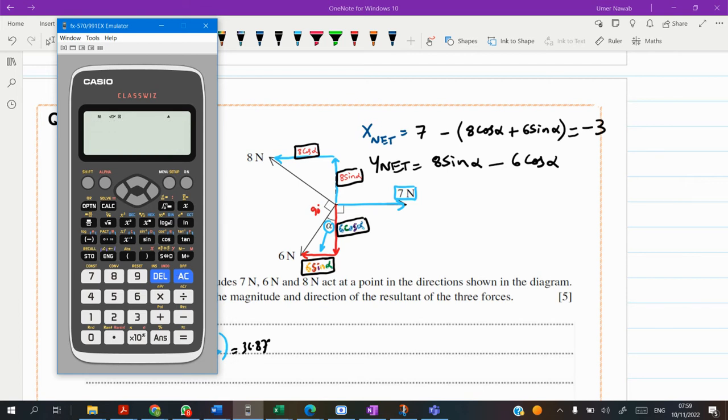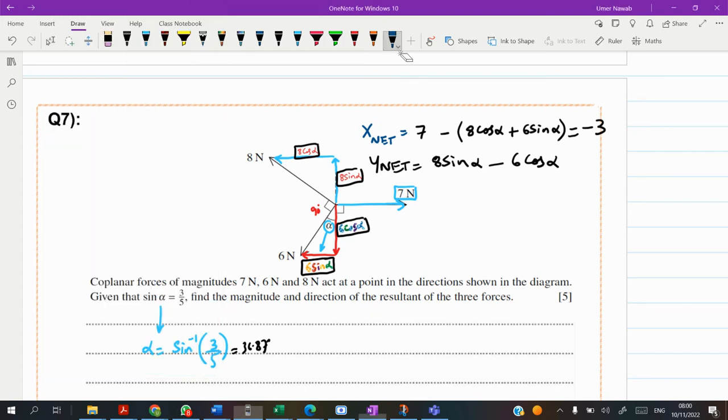Let me check it again. 8 sine of alpha, which is 36.87, minus 6 cosine 36.87, close the bracket. Yes, it is approximately 0. Okay. Now I want to find my resultant.